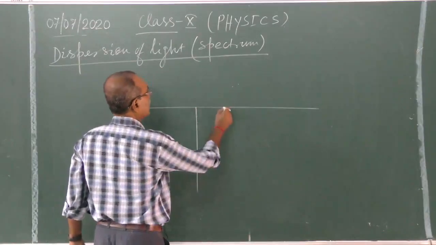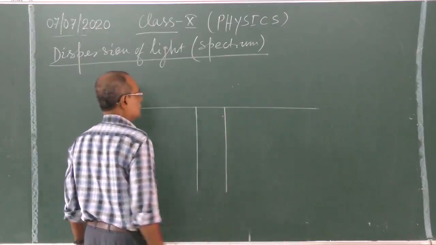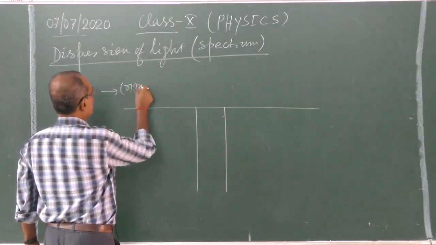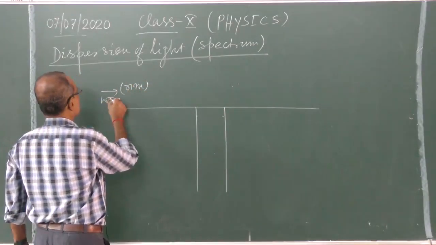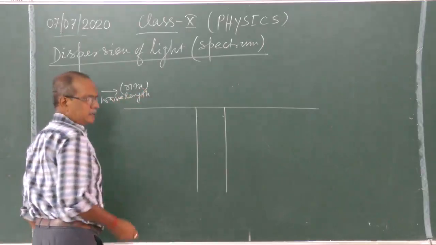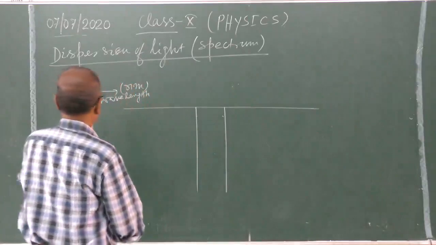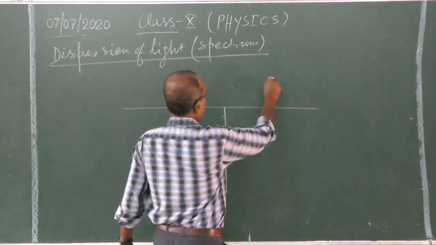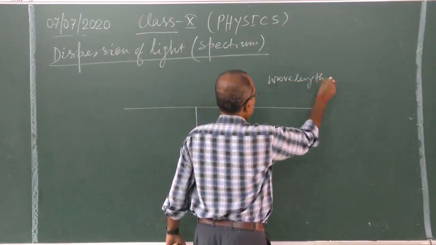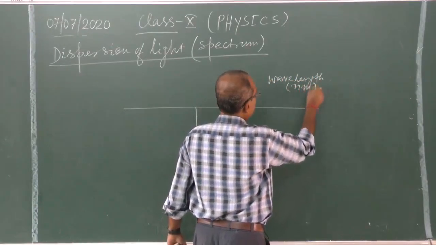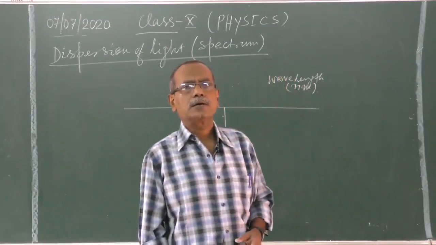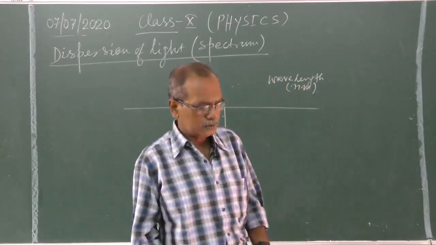So this region I am taking is visible. Wavelength is measured in nanometer. If it is 100 nanometer, it means 1000 angstrom.